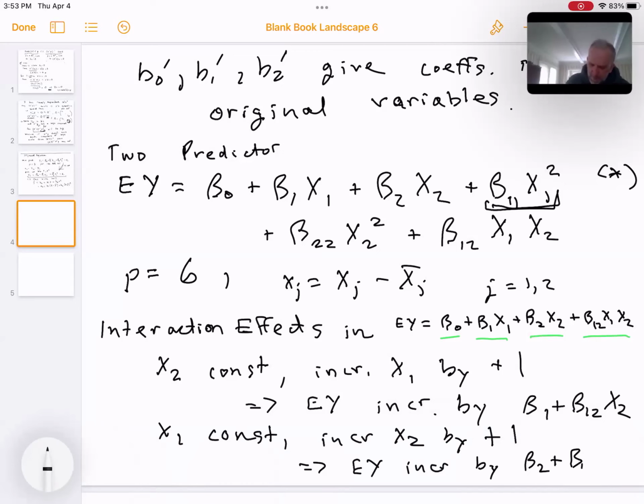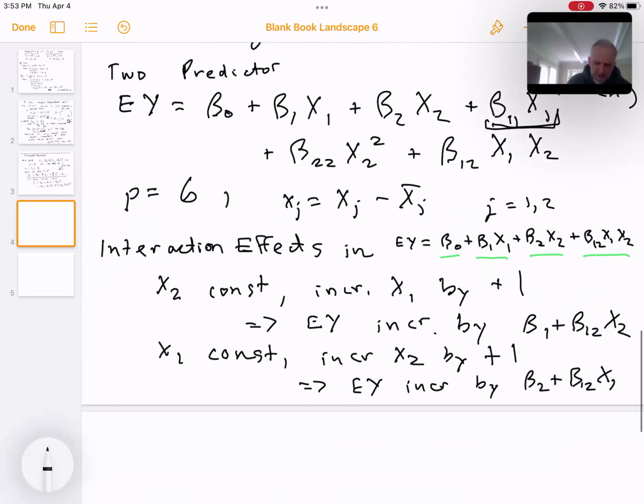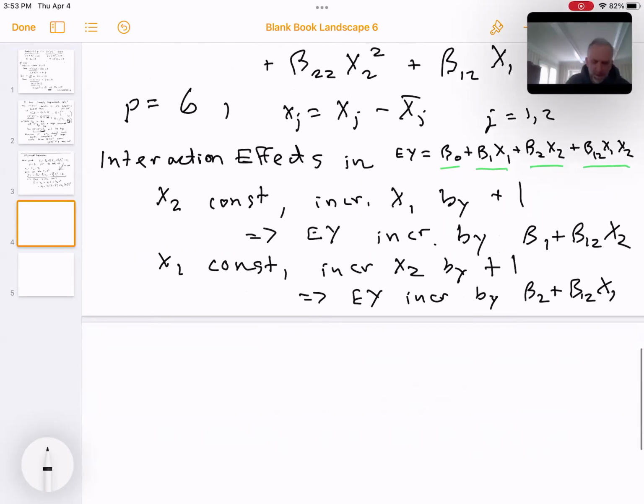Plus beta 12 x1. All right, so you can see with the interaction terms, the increase in your predictor on one thing will involve the other predictor. It will involve the interaction coefficient, but it will involve the other predictor. Let's do a numeric example and look at it.